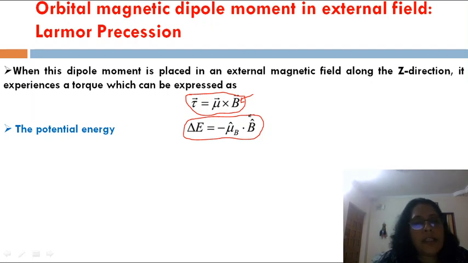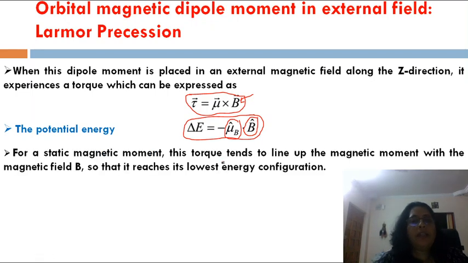And how much is that change in energy? That change in energy is the change in dipole moment dot product with the magnetic induction.